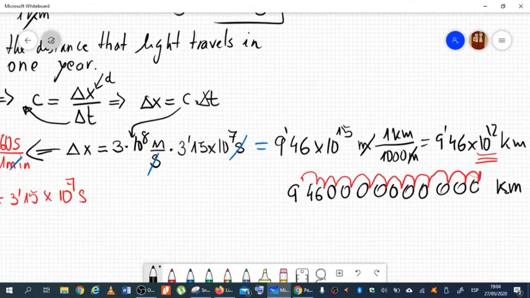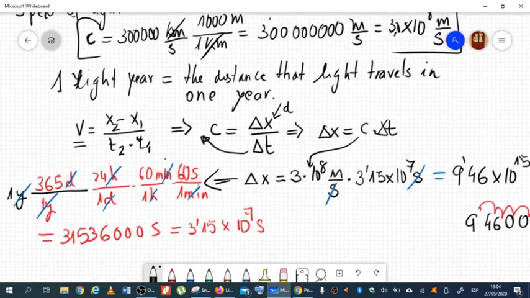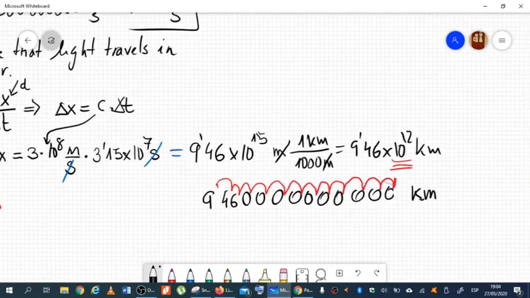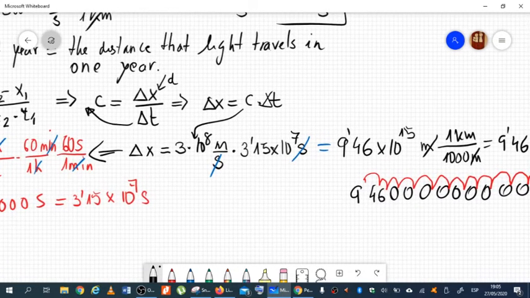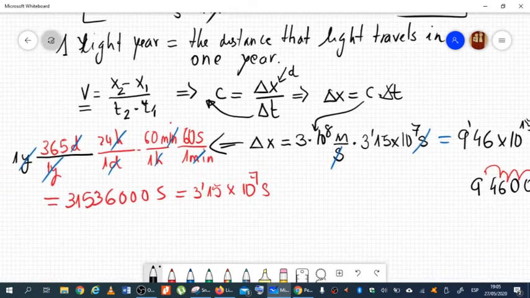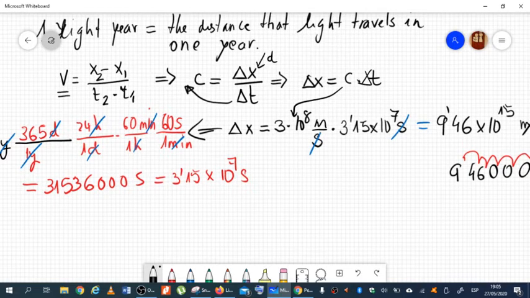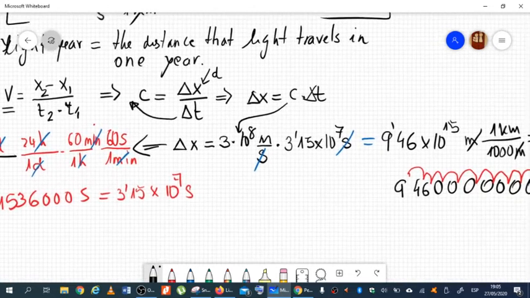That's why we use the light year as a unit of distance in the universe. So the light year is the same as all of these kilometers. Is that okay? Do you understand? I suggest you review this video, how I did this conversion.